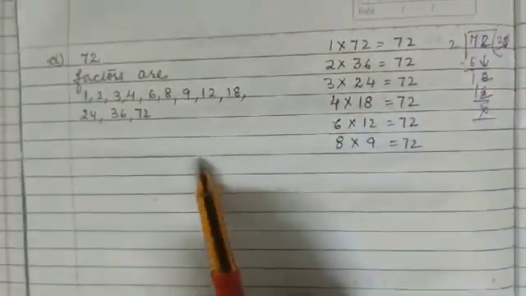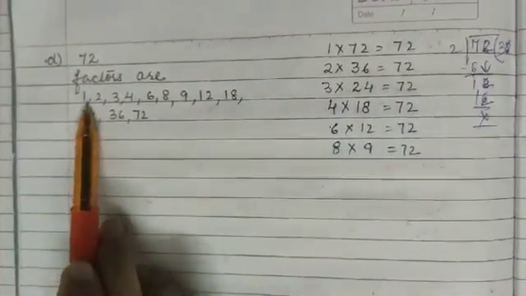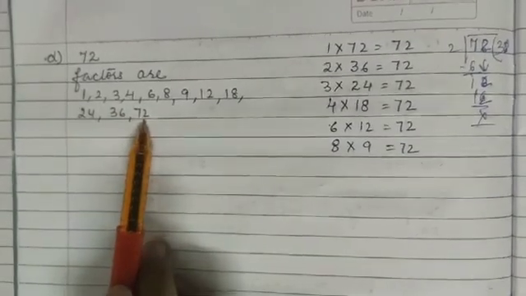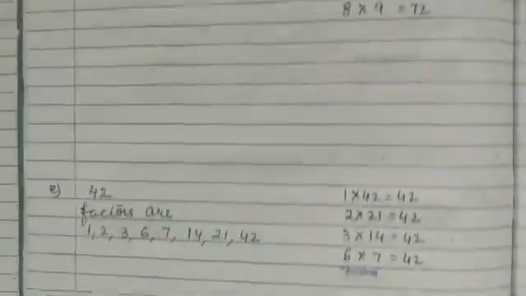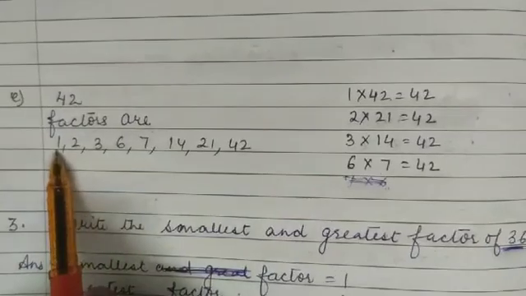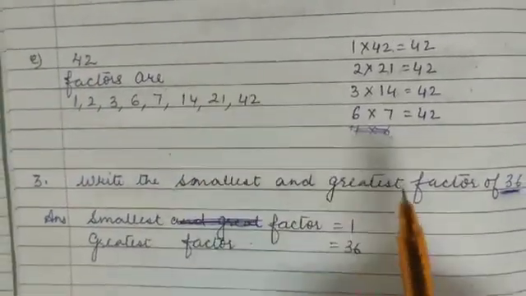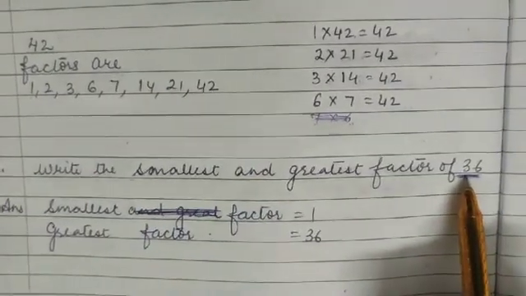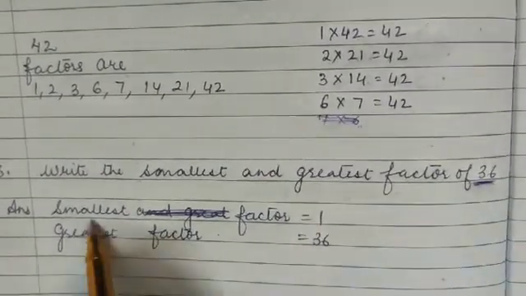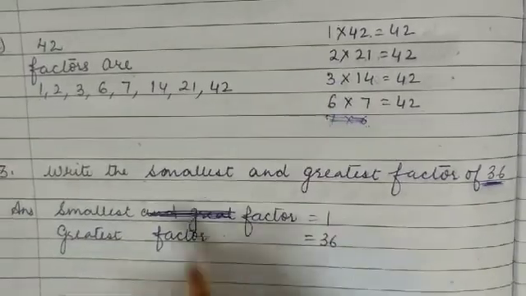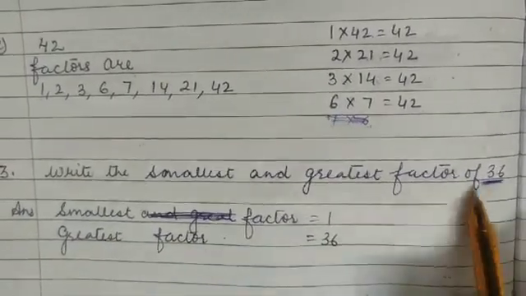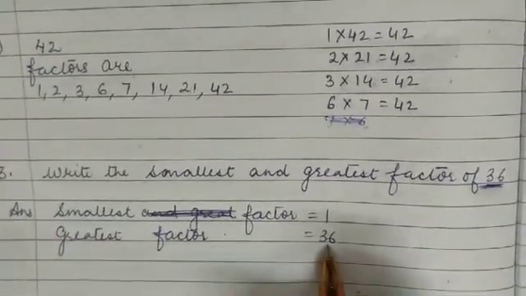Factors of 72: which is the smallest factor? Number 1. And which is the highest factor? The number itself. Factors of 42: the smallest factor is 1 and the highest factor is the number itself. So when you find the factors of 36, the smallest factor is 1 and the greatest factor is the number itself, meaning 36.